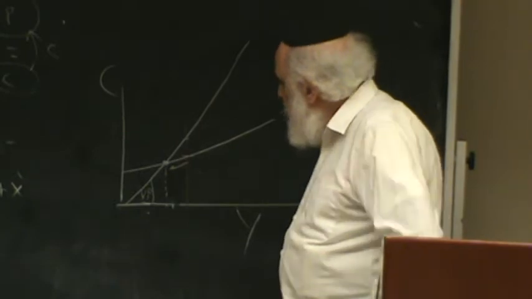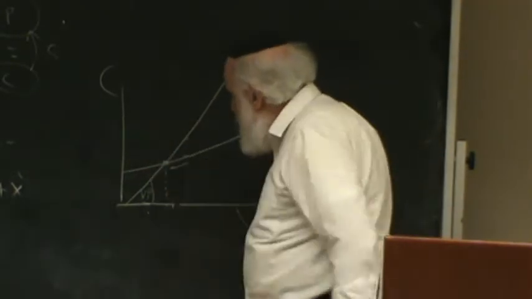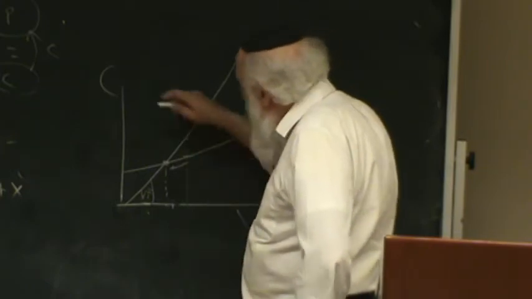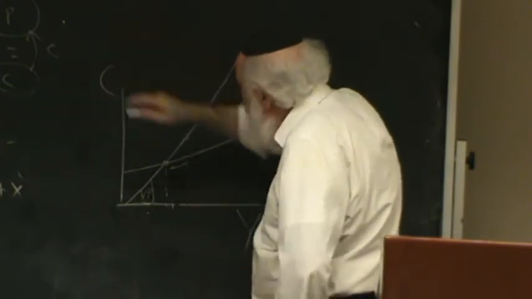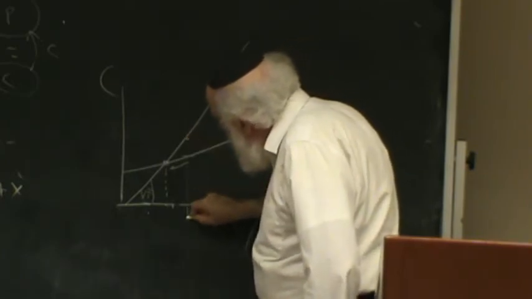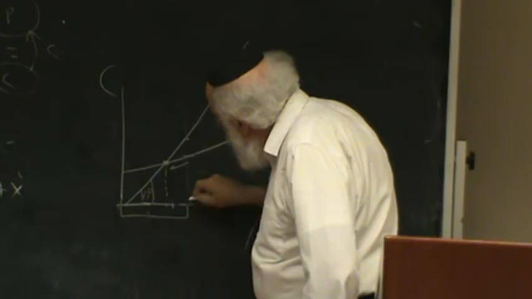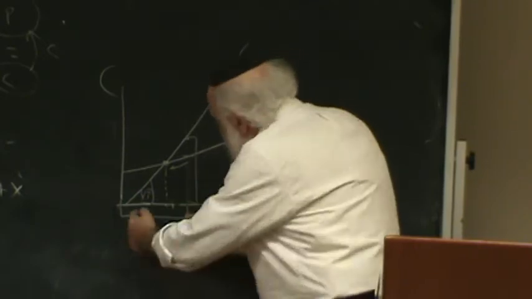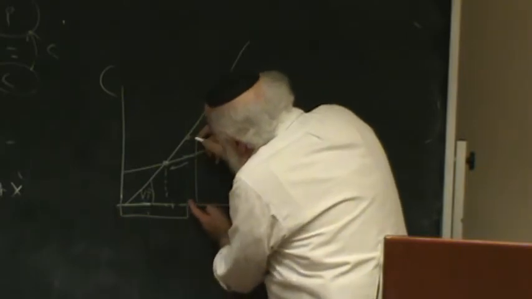Let's say C is greater than Y. I'm sorry, Y is greater than C. He's getting more than he's returning. Where? Right over here. This distance is Y, that makes this distance Y.